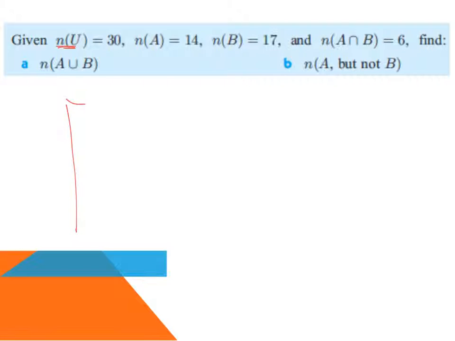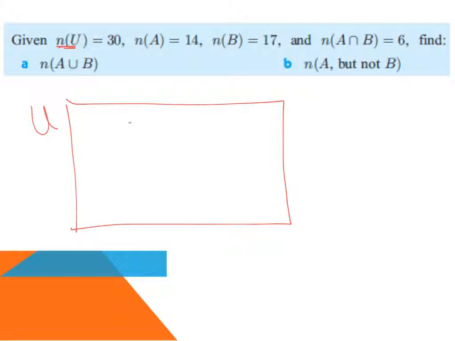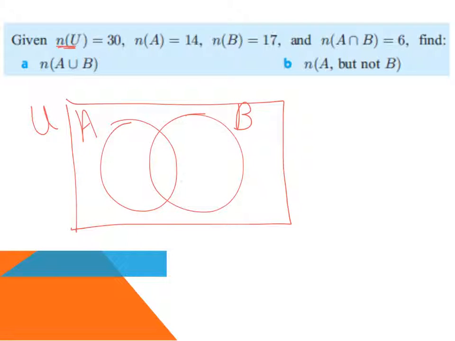We can draw a picture where we have our universal set, and then we have A and B do intersect, so I want to make sure that I draw my Venn diagram where I have an intersection. And that's where I'm going to start. I'm going to start with my intersection, and it says I have 6 elements in my intersection.